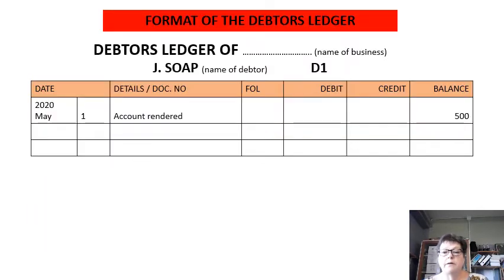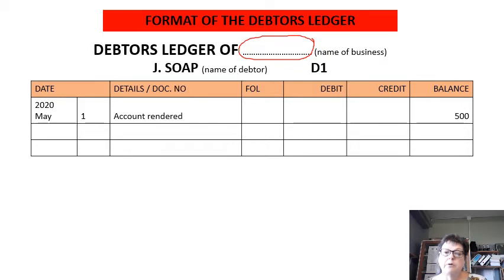Now, the format of the debtors ledger. Debtors ledger belongs to a certain business. So if you have to do a debtors ledger, you need to write the name of that business in here. So if you do the debtors ledger of ABC Traders, you will write ABC Traders. Then in that ledger, you will have an account for each of your debtors.